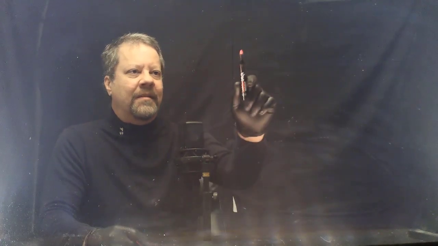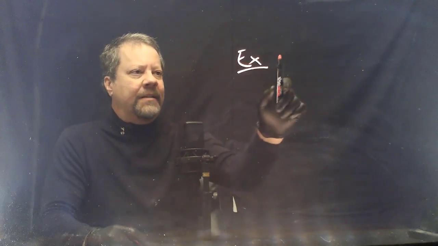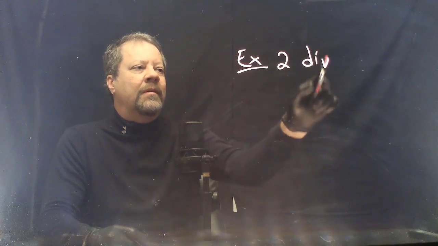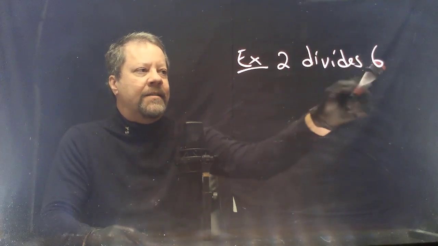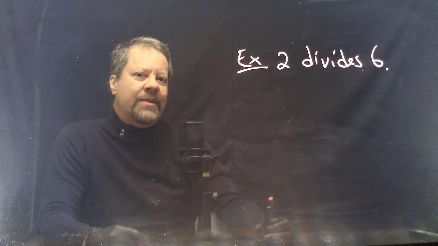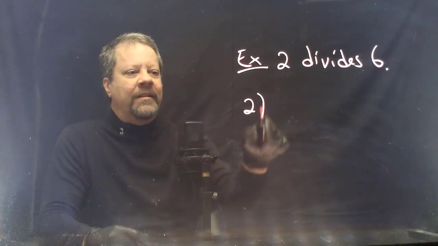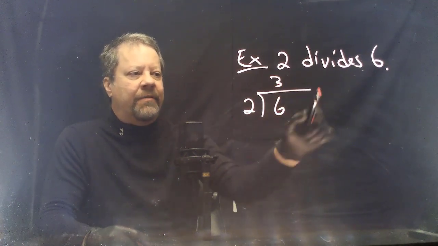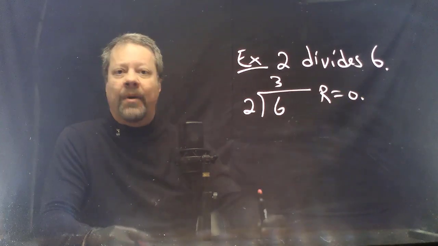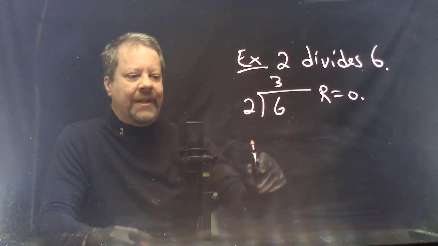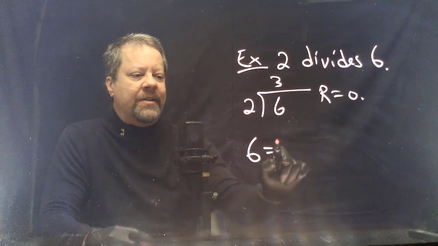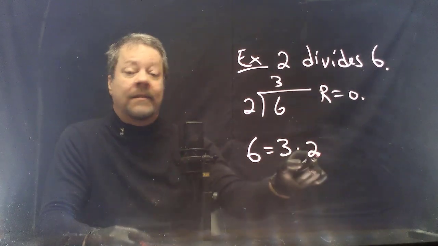First, let me make a statement. 2 divides 6. What does that mean? If you divide 6 by 2, you get 3 with a remainder of 0. It goes evenly into 6, and in particular, 6 can be expressed as 3 times 2.